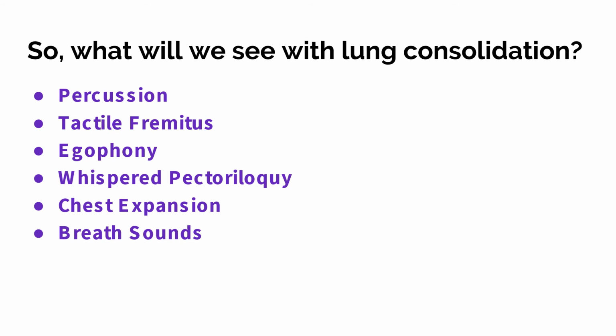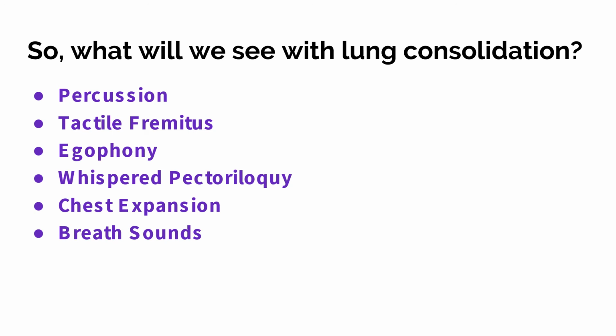Chest expansion would be decreased on the affected side, and decreased breath sounds. To add to the percussion part, it would be more flat because there's a consolidation there. It would not be hollow.